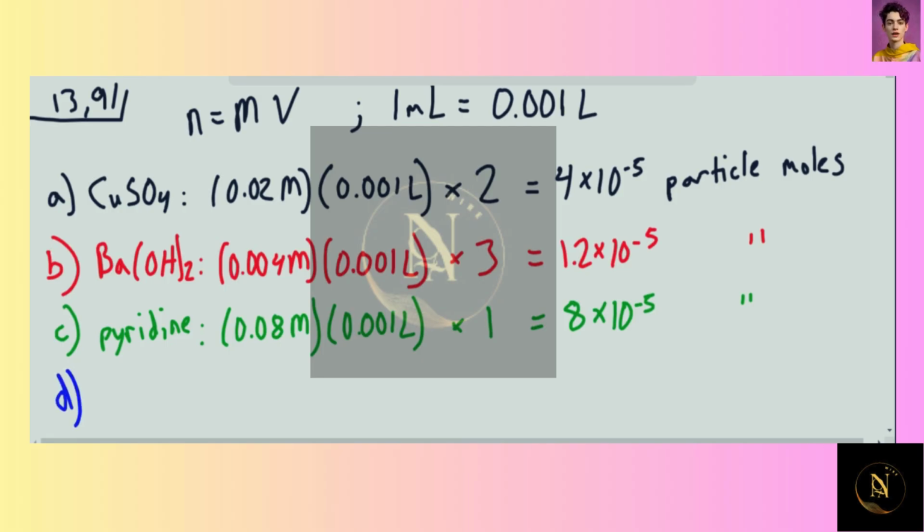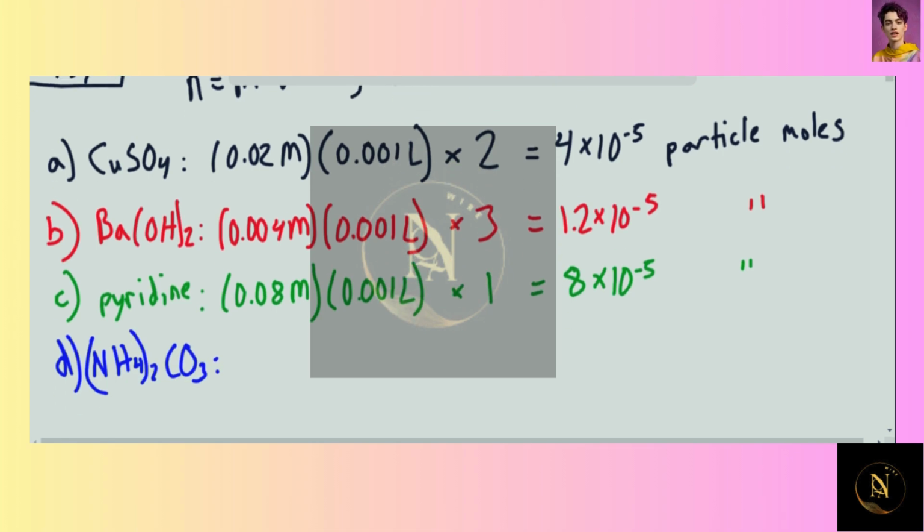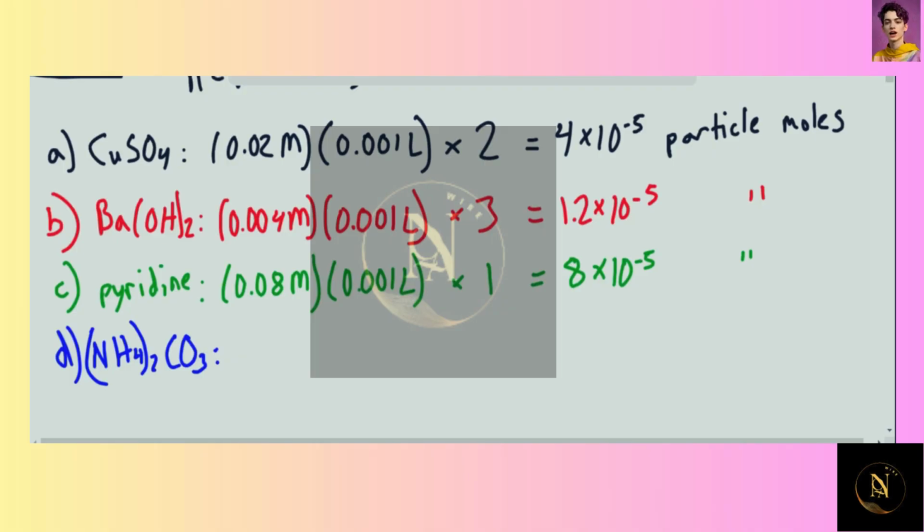Finally, in part D, we're given ammonium carbonate, (NH4)2CO3. The concentration is 0.05 M multiplied by 0.001 liters to account for the volume.